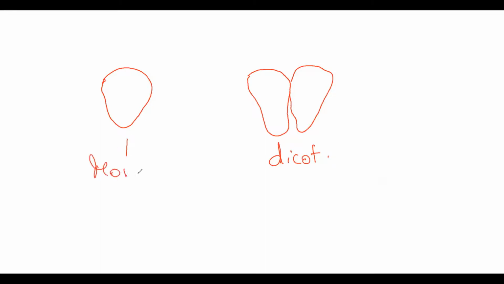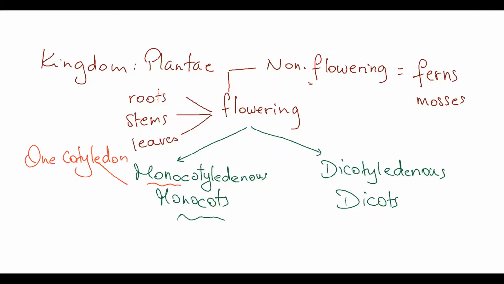But the dicots, if you took the seed of a bean, for example, you can divide or separate its parts into two. That's why we say that this is a dicot, because it's two. Yes, it's made of two parts, but this is the monocot. And that's the difference between them, and there are other differences, of course.